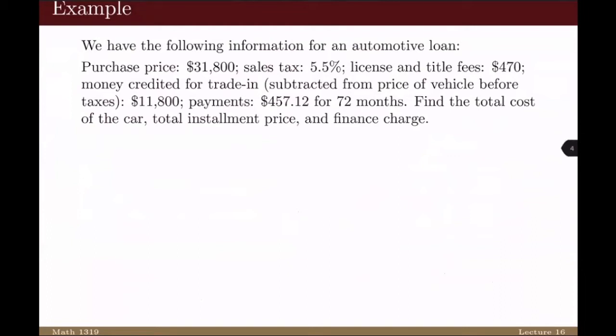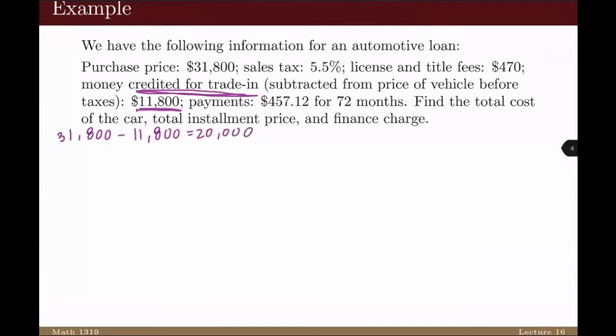First, what we want to do is find the total cost of the car. So to find the total cost of the car, the first thing that I'm going to do is subtract $31,800 minus $11,800. Since this was our credit for a trade-in, you can also think of it as your down payment. So it's going to be equal to $20,000.